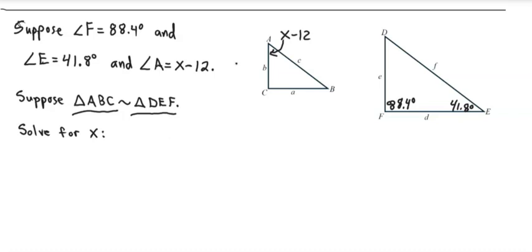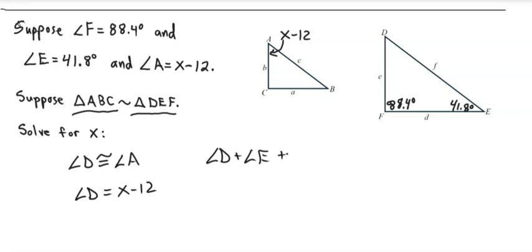Well, we want to find x. Well, I know that angle D is congruent to angle A because they're corresponding angles. And therefore, angle D must be equal to x minus 12 also. I also know that angle D plus angle E plus angle F is equal to 180.